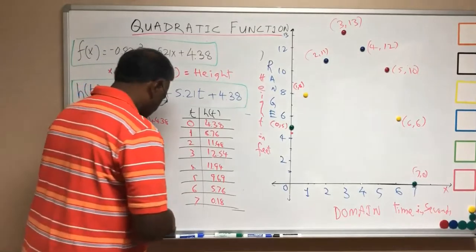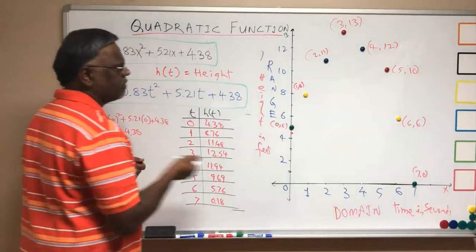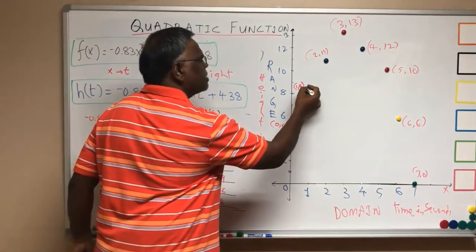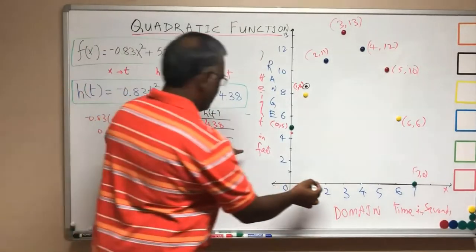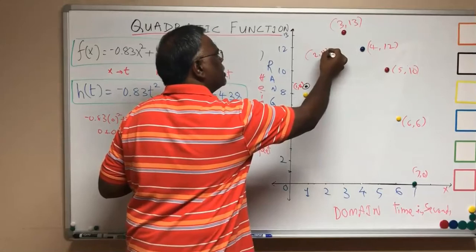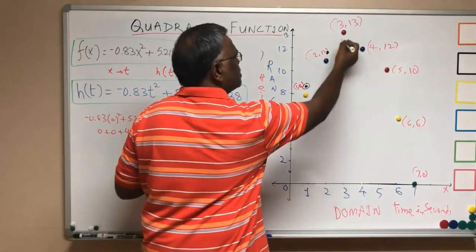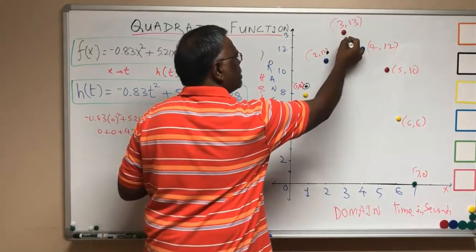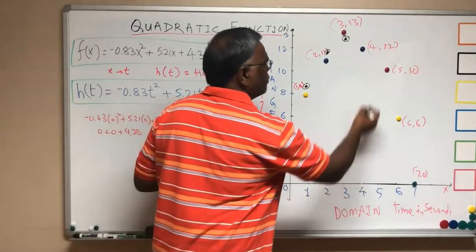I'll use blue. Okay. Black. For 1 it is 8.76. 1 goes to 8.76 somewhere here. That's 1. 2 goes to 11.48. That point is there. 3 goes to 12.54. 4 goes to 11.94.